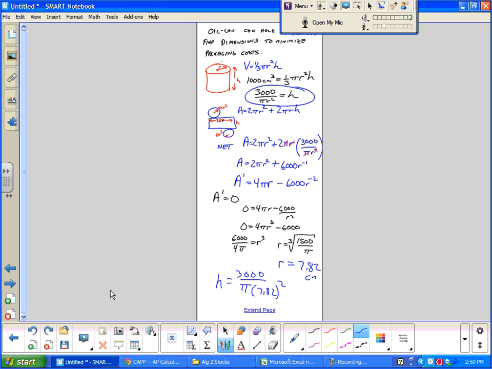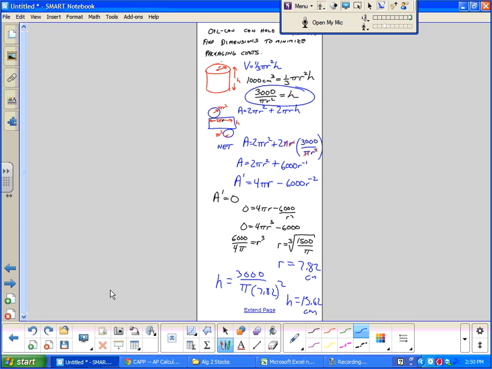I get 15.62 centimeters. For round numbers, again, I rounded. Now the irony here, guys, is that you're going to see the can is almost the same diameter as it is tall.